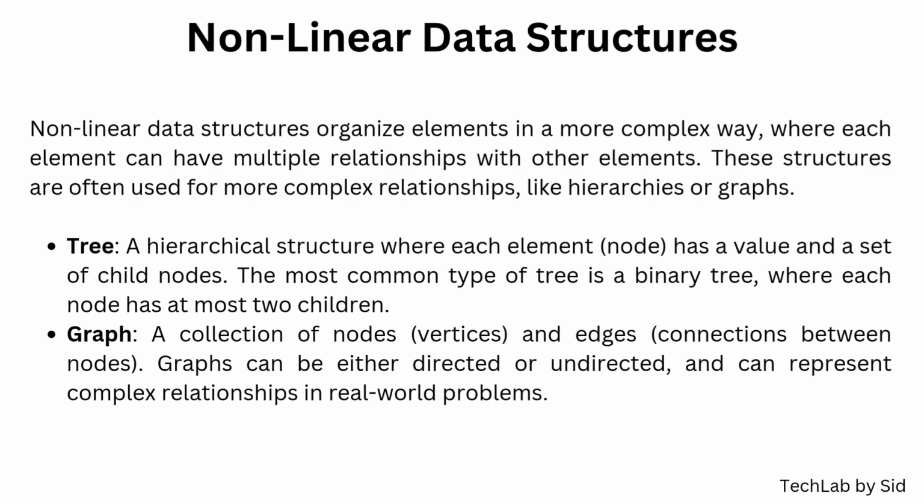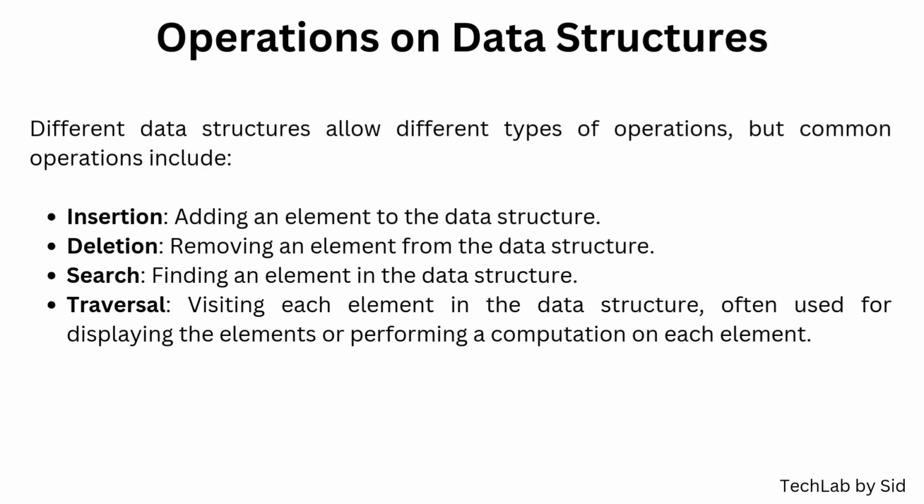The most common type of tree is a binary tree, where each node has at most two children. Graph: a collection of nodes, or vertices, and edges, which are connections between nodes. Graphs can be either directed or undirected, and can represent complex relationships in real-world problems.